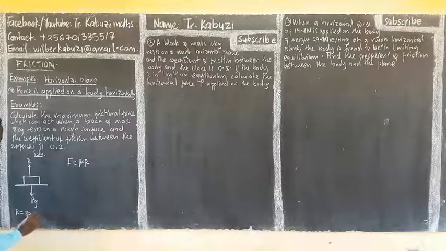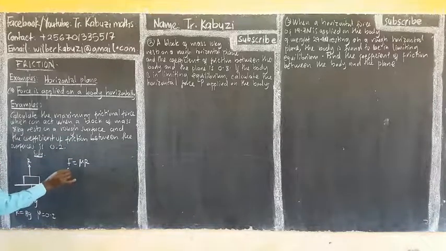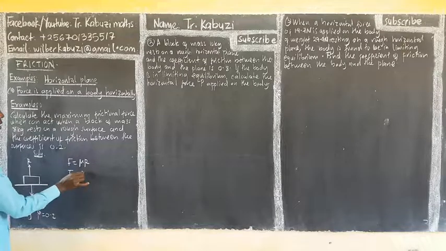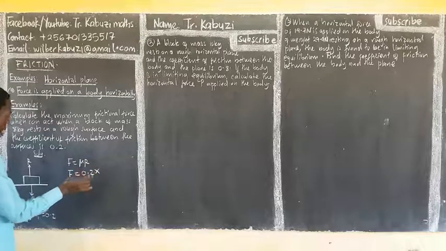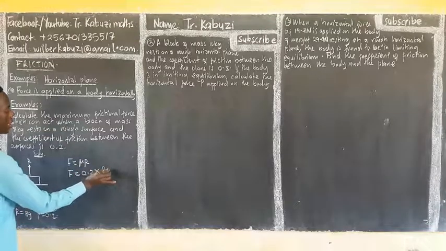The question is also giving us mu as 0.2. The coefficient of friction is always mu. So now our frictional force F is going to be 0.2 times 8g.